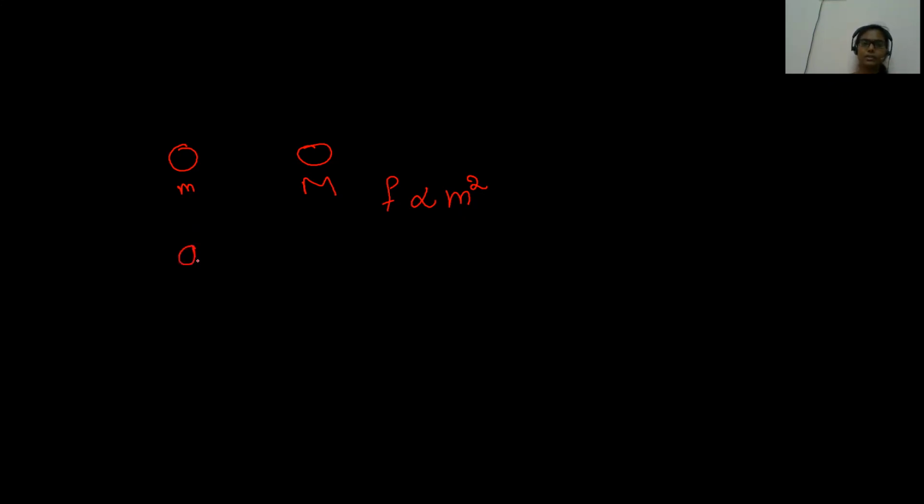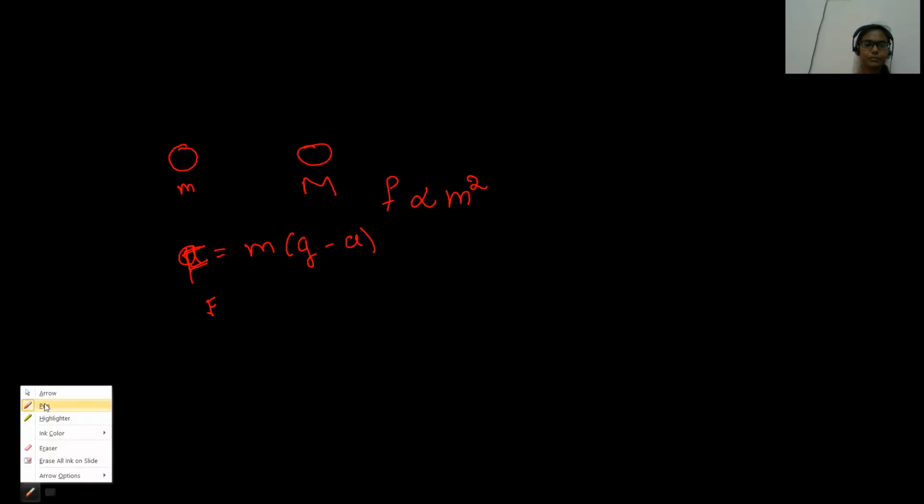So acceleration is given by... Sorry, the net force acting on the body is m times g minus f, because of the applied force it is coming, right children? See, what is given here, children?